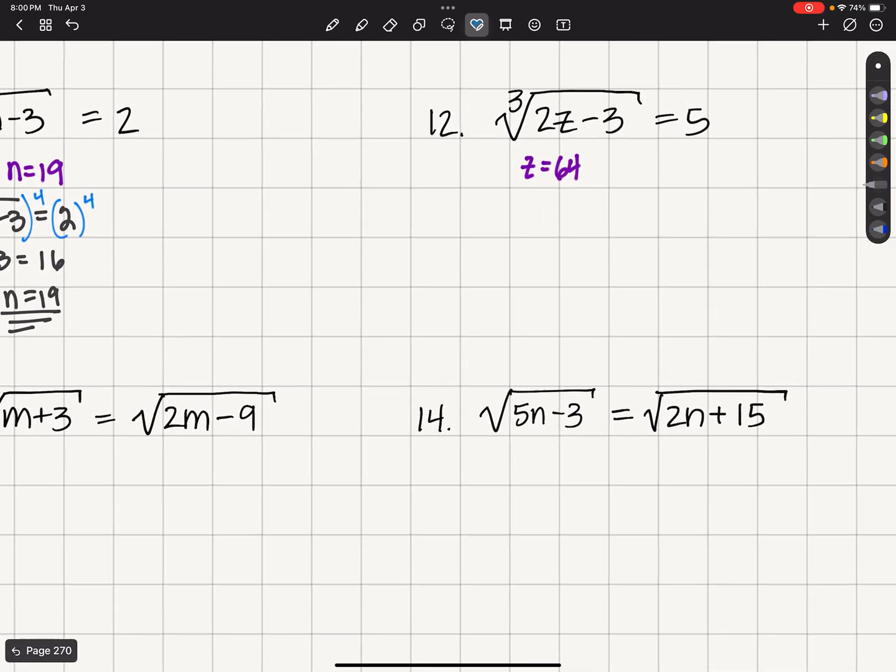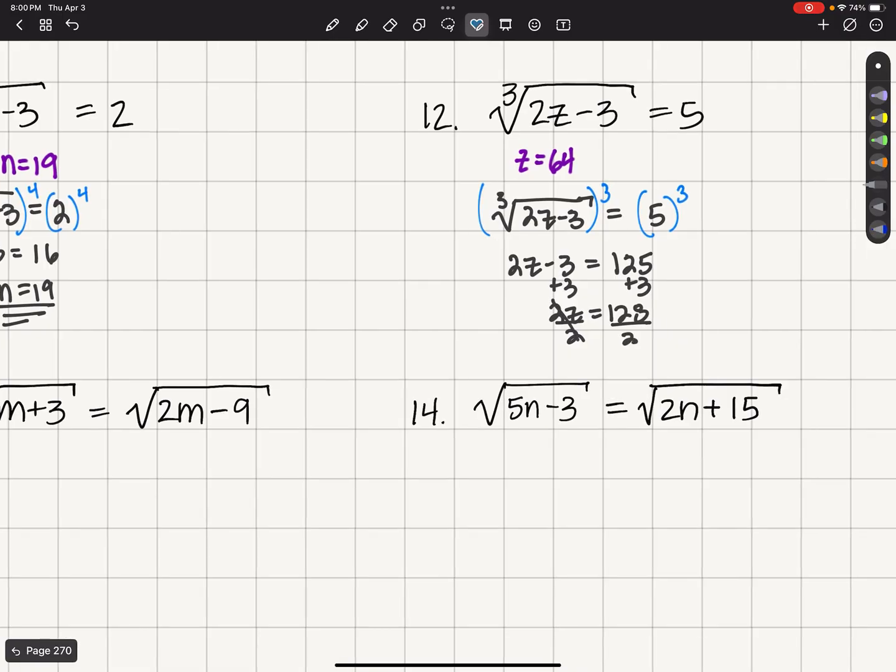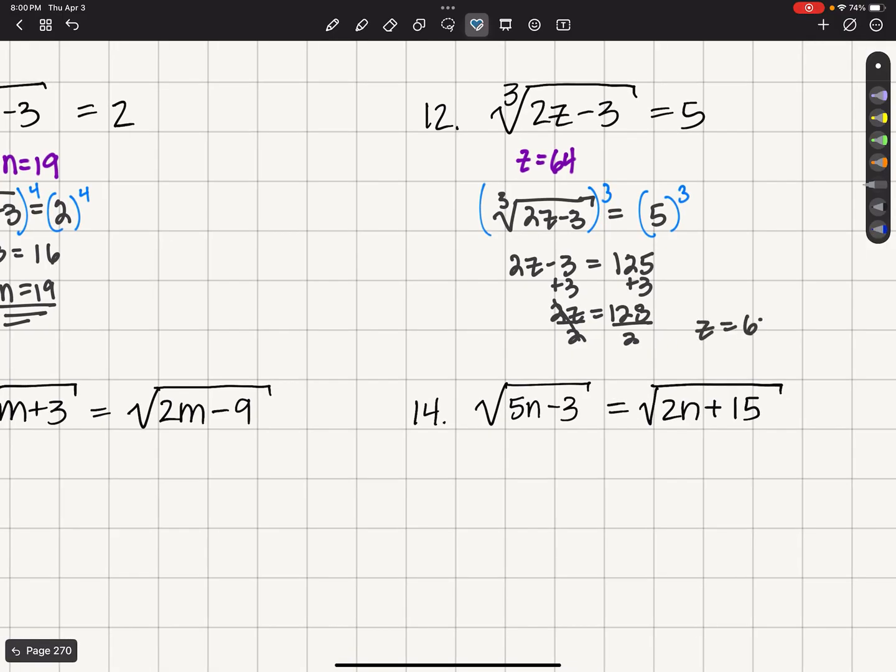For number 12, we said the cubed root of 2z minus 3 equals 5. We cube both sides. We got 2z minus 3 equals 125. I add 3 to both sides. 2z equals 128. Divide by 2, and z equals 64.